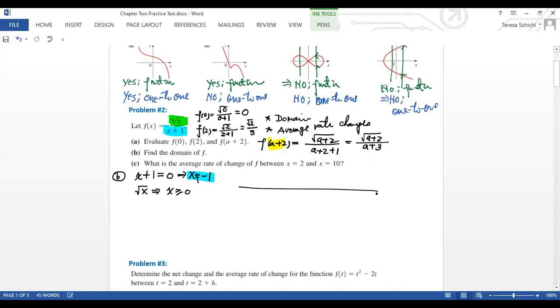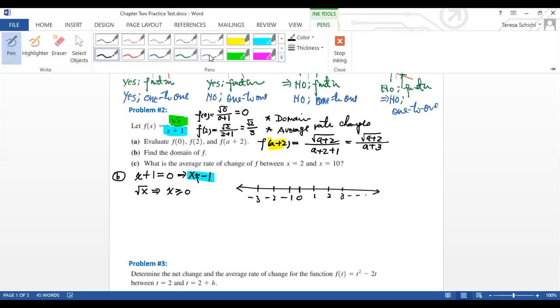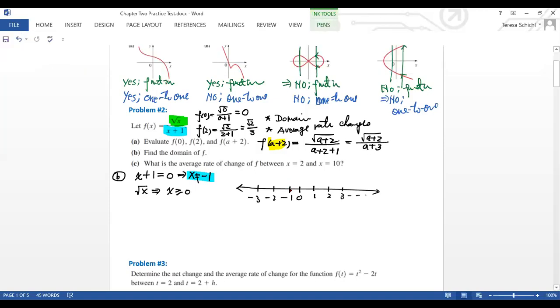Okay, so let's take a look here. What are our answers? Here we have 0, this is 1, 2, 3, this is -1, -2, -3. From the denominator, x cannot be -1, so x can be everything except this one.